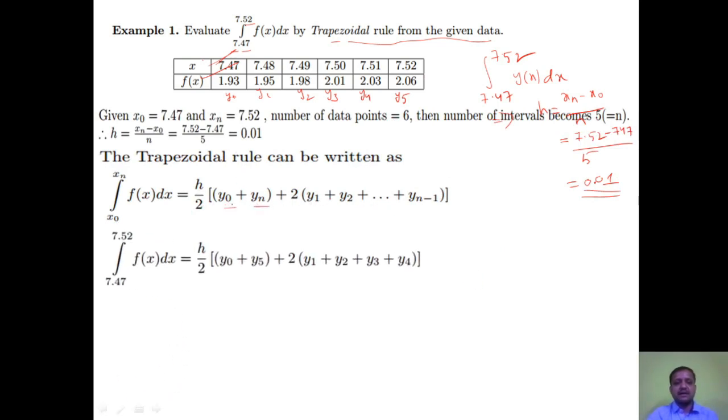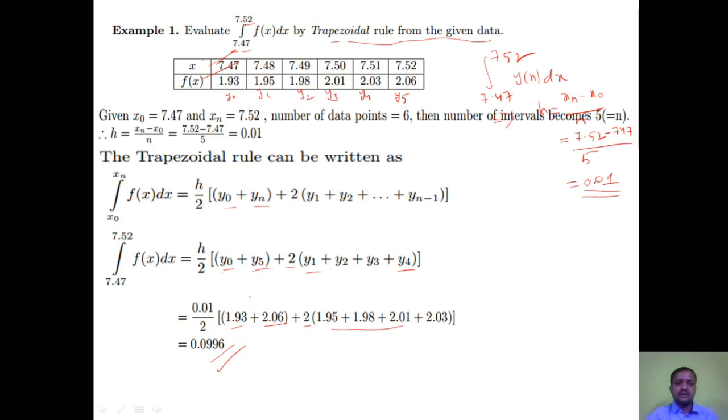According to our data, the first term is y naught, the last term is y5, plus 2 into the remaining terms, meaning y1 to y4 only. Substituting h as 0.01, h by 2, plus y naught is 1.93, y5 is the last data 2.06, plus 2 into the remaining terms. After simplification we get 0.0996 as the answer. This represents the approximate area.